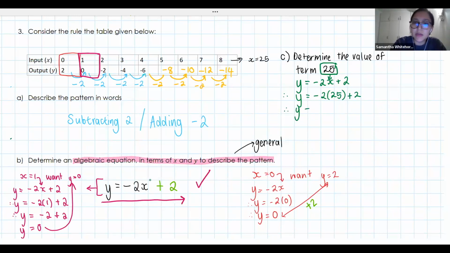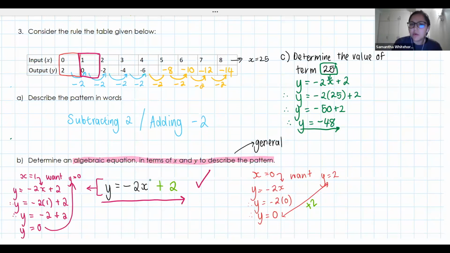Minus 2 times 25 is negative 50 plus 2. And as you have wonderfully put there on the chat for me, minus 50 plus 2 is negative 48. So that means if you wrote this all the way to the 25th term of the sequence, at the 25th position, you would be writing down negative 48.